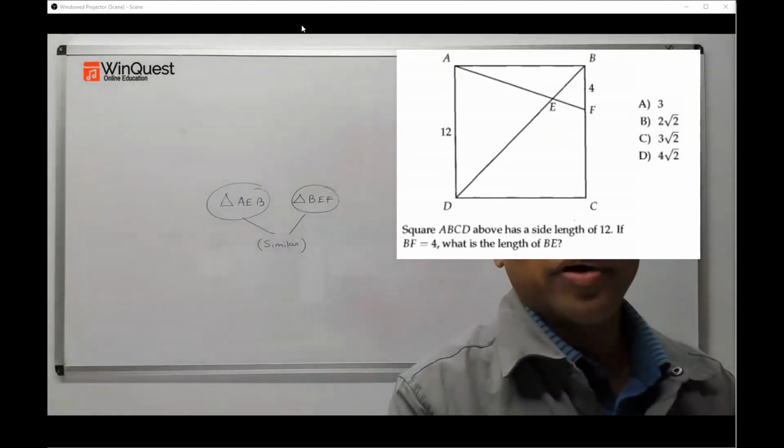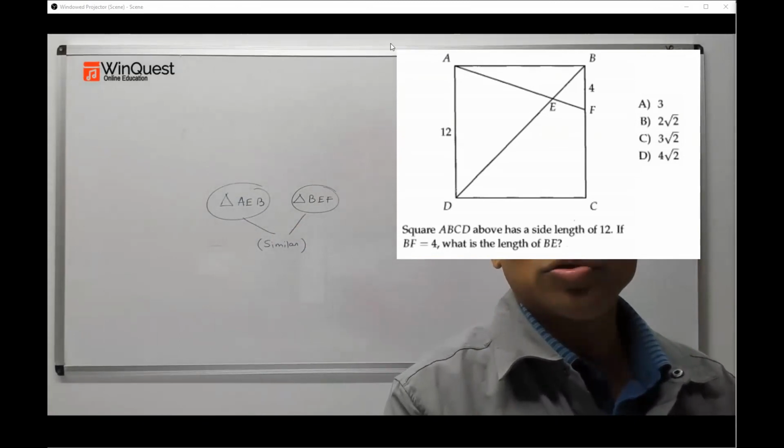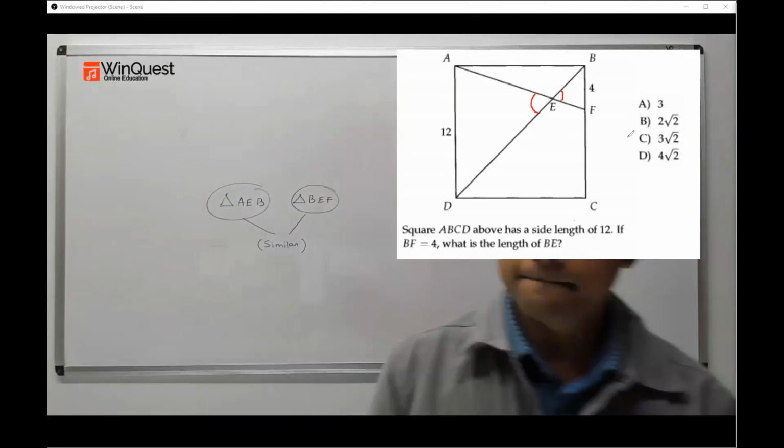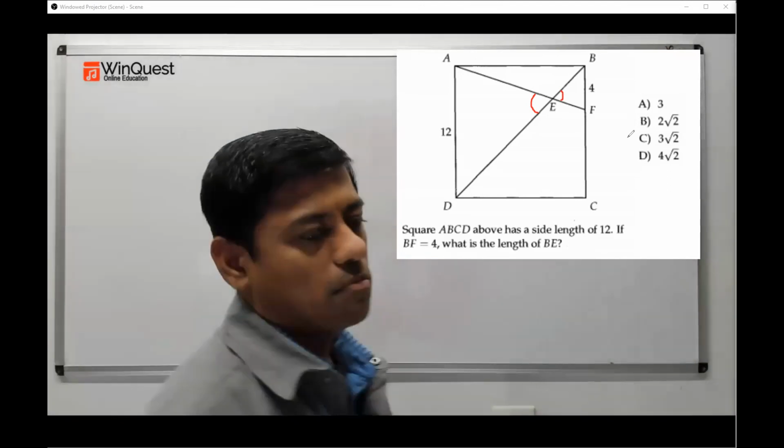So, very simple thing I am going to apply here as a logic. I am going to say first angle which is going to be same. Okay. Is this angle same as this? Yes, sir.